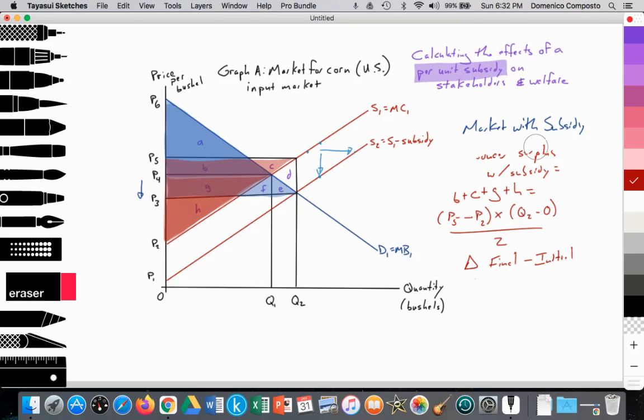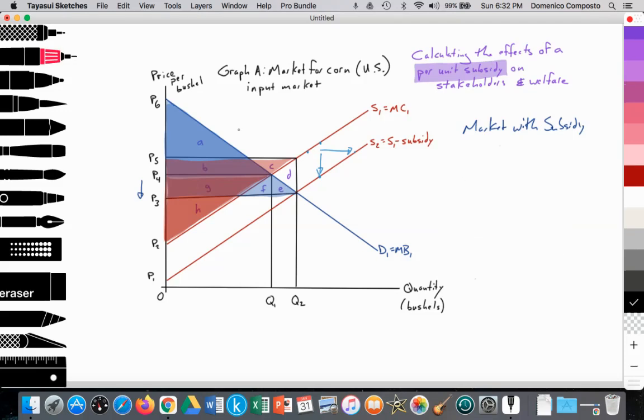What else can you be asked to calculate? Well, how much is the government spending on this subsidy? Right? So government spending, right, to provide the subsidy. So tax revenue gained by the government is now being used on the provision of the subsidy.